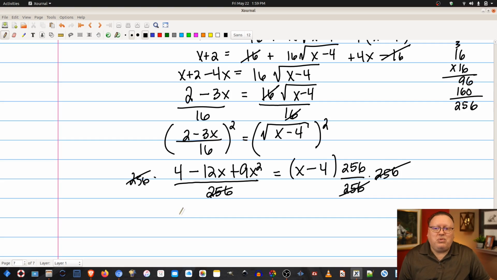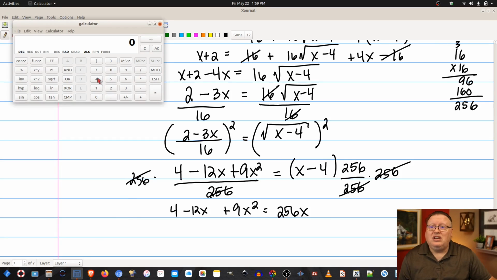So now I'm left with what's on top. 4 minus 12x plus 9x squared is equal to 256 times x, and then minus 4 times 256. And we're just going to pull up a calculator for that because I'm not sure. So 4 times 256 equals, so 1,024.